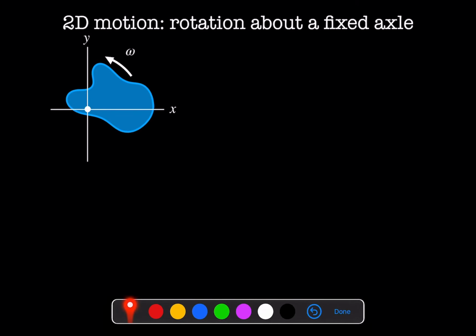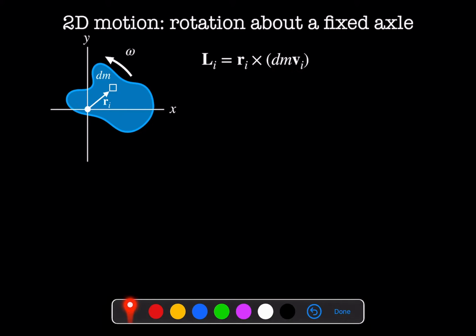First, imagine that the axle we're going to rotate about is fixed. So it's going to be right here, and we're rotating about this axle at rate omega. Let's look at what happens to an infinitesimal mass element, dm, that's located at distance r_i from the center of rotation. The angular momentum of this element is given by r_i crossed into its momentum, which is dm times v_i.